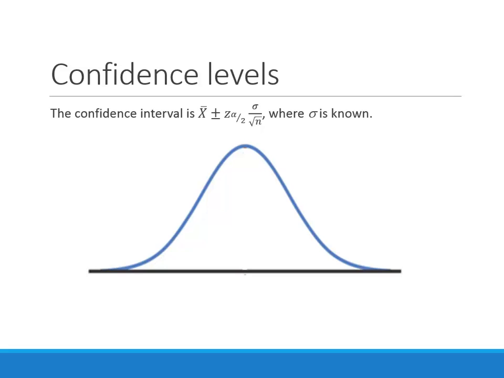So again, this is the distribution of z, so x bar minus mu over the standard error. This thing is centered at 0. And what we already found was that if I go out to plus and minus 1.96, I get a probability in here that is 0.95.